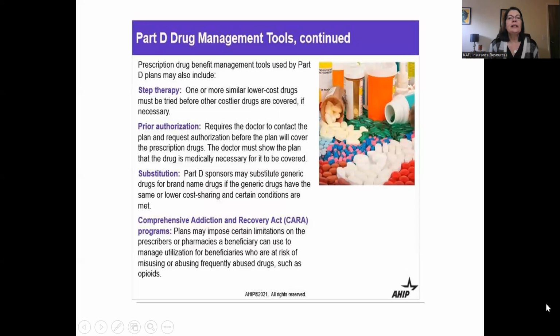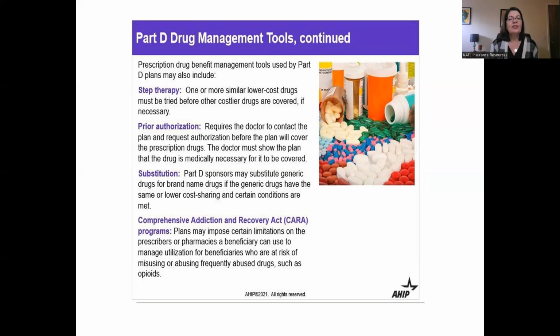And other drug management tools, there's step therapy, which I know we talked about in a previous module. Step therapy is trying lower cost drugs before they'll approve costlier drugs. Again, if the doctor says, yeah, this lower cost drug isn't going to work for you, then you look for an exception, you go for an exception.